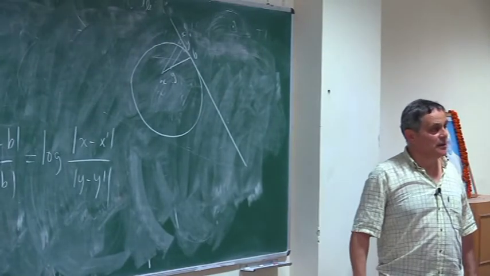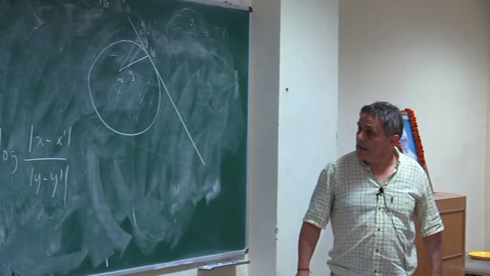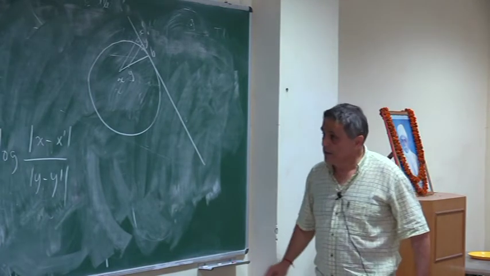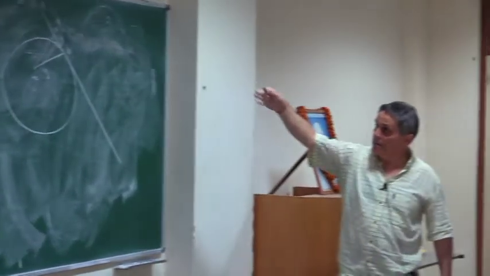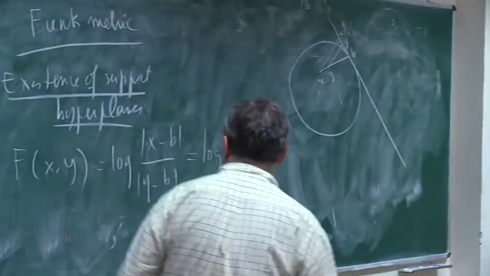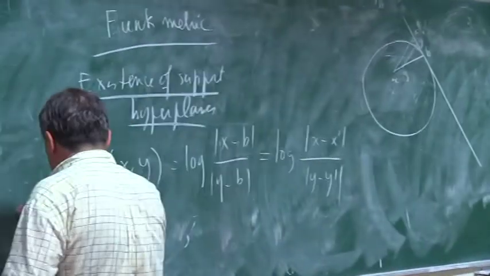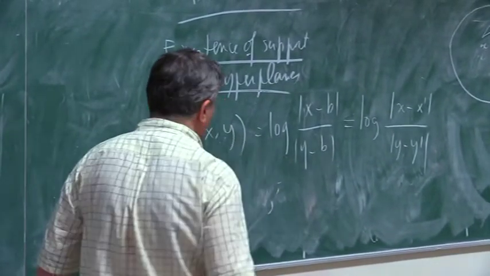This is very easy. This is just planar Euclidean geometry, similarity of these two triangles. And I have this formula, which is a little more complicated to prove.